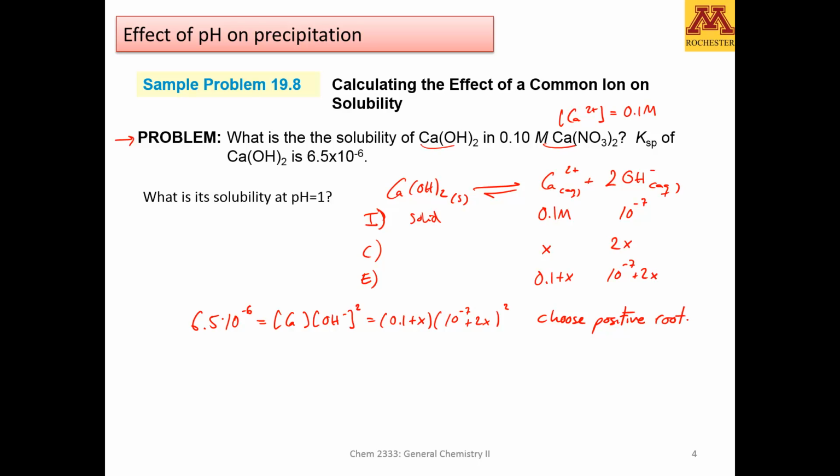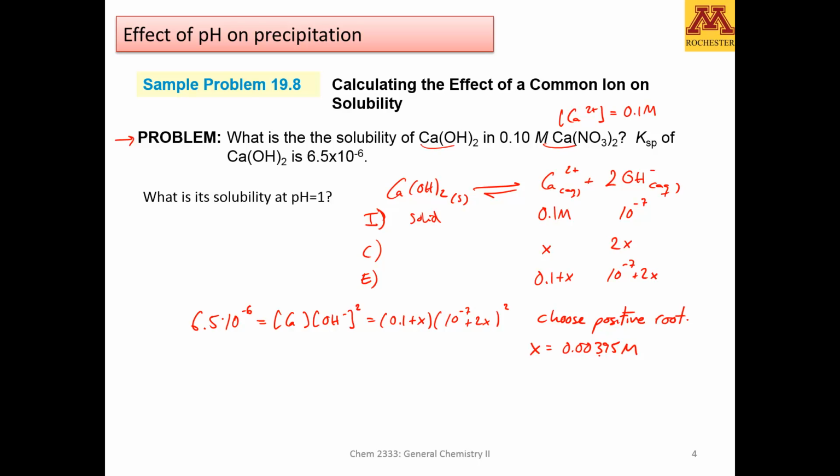If x were subtracting, you want to make sure that all your concentrations are positive. Your x in this case is, if I'm not mistaken, 0.0395 molar.